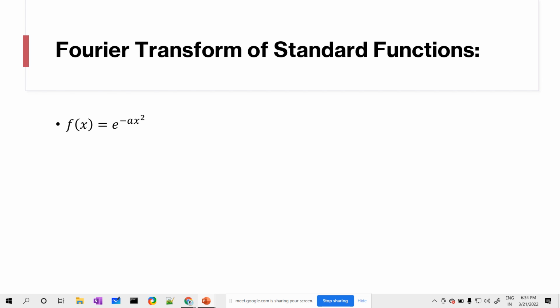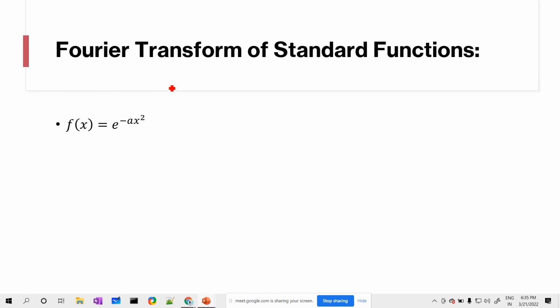In any reference book on integral transforms, this function and one more function are there that I am going to discuss. These are two standard functions on which the Fourier has been calculated, and the Fourier of these functions are also interesting, so questions could be created on them easily. So we'll be discussing the Fourier of this.